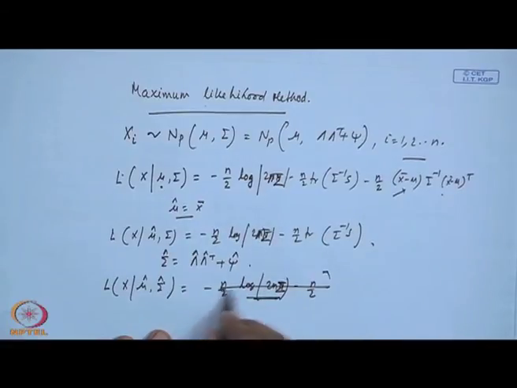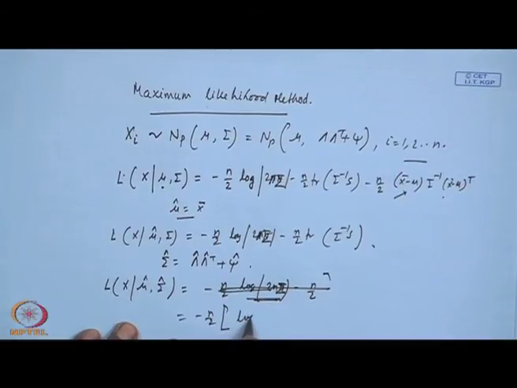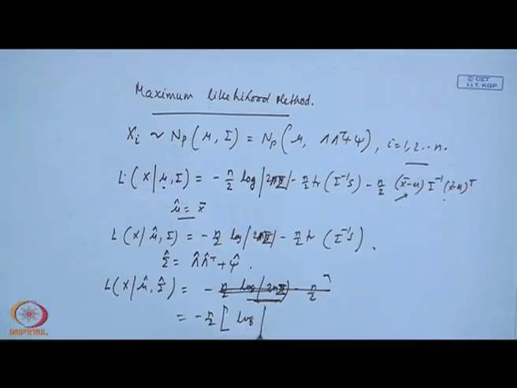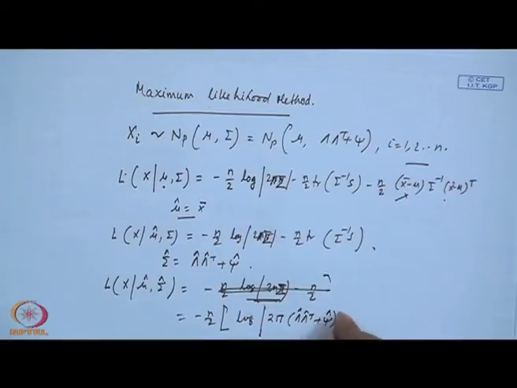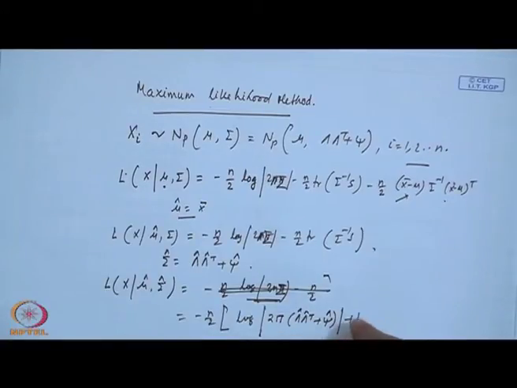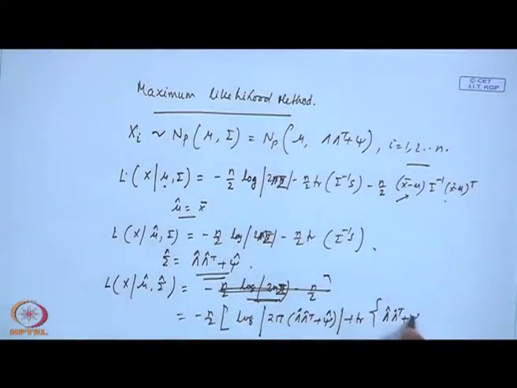So, I will change this one to like this: minus n by 2 log of the determinant of 2 pi, Lambda cap Lambda cap transpose plus psi cap, plus trace of, if we are using this, in that sense we are writing it.